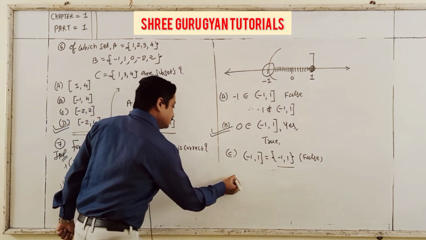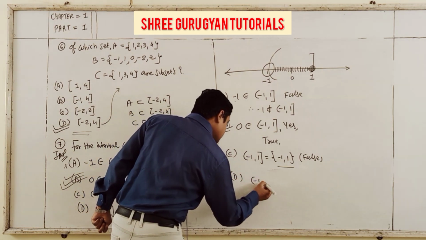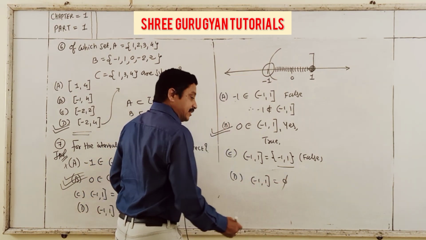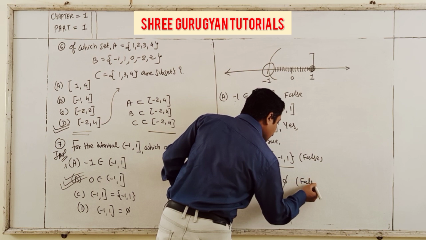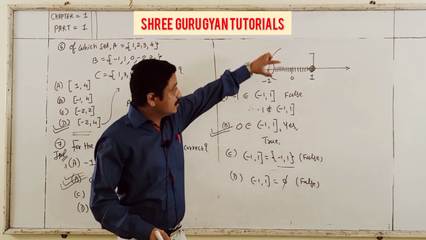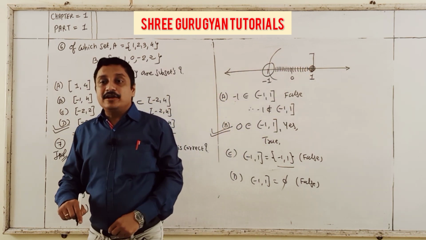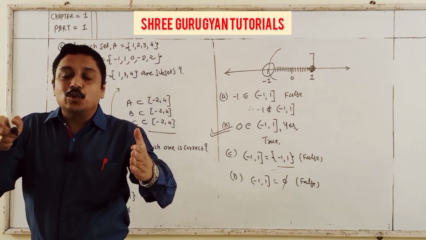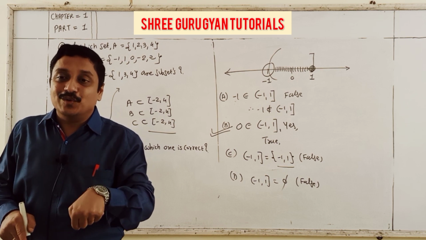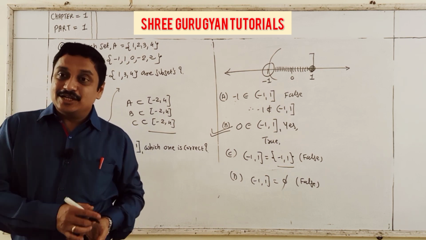And last, D: -1 to 1 close bracket is a null set. That is also false, because the element 0 is present, 1 is present, and all numbers between 0 to 1 and -1 to 0 are present, but not including -1. So what is your correct answer?